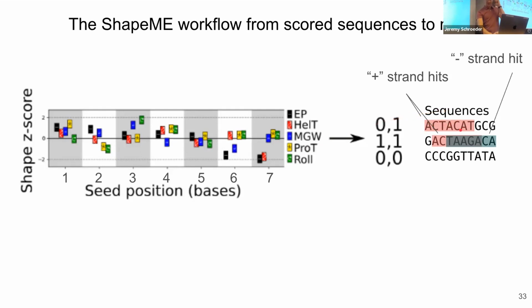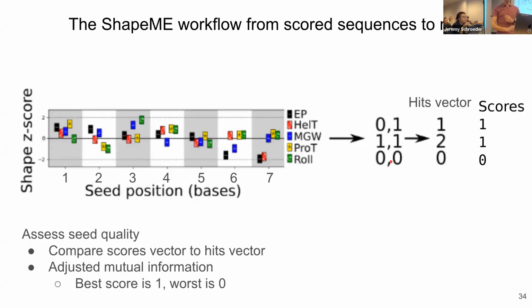If we look over here on the right, you'll see for this top sequence, we're pretending, frankly, that this seed matched on just one of the 2 strands. And so for that, we give it a match score of 0, 1. For the next sequence, it matched on each strand. So that gets a 1, 1. And for the next one, it didn't match anywhere. So that's 0, 0. We can express that then as just a hits vector.